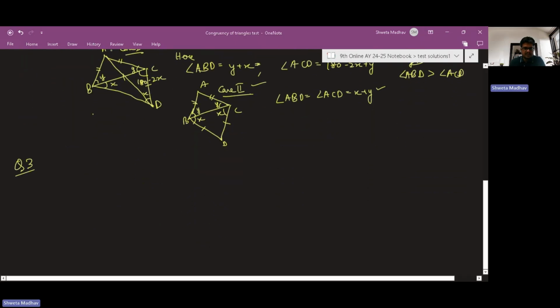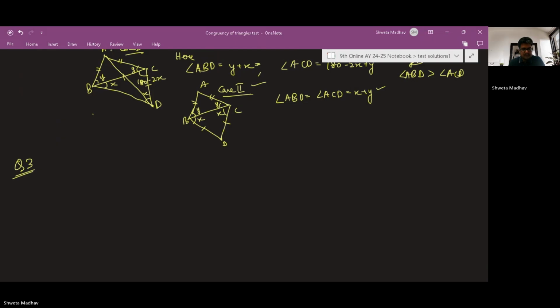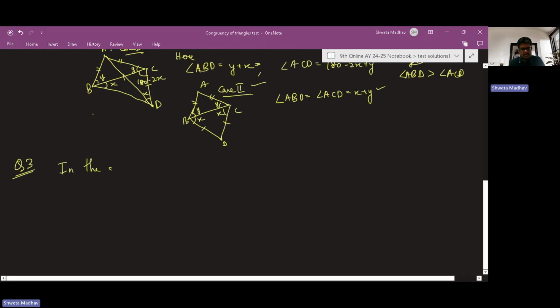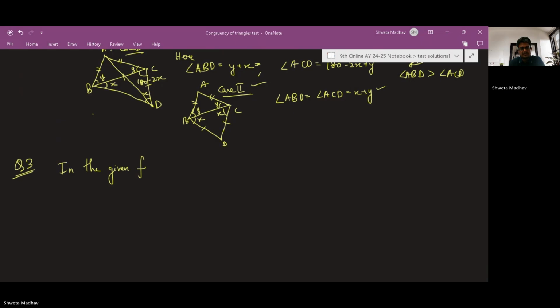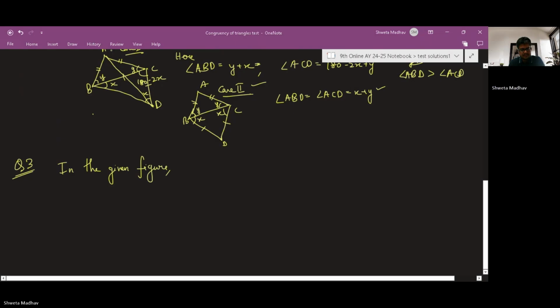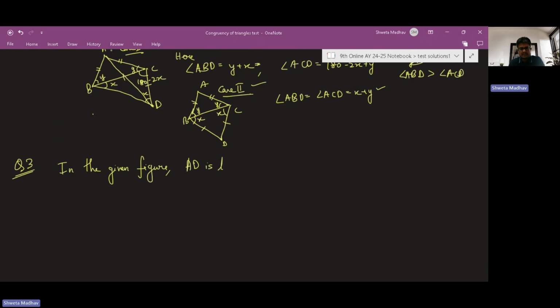Then in question number 3, in the given figure, AD is the median.